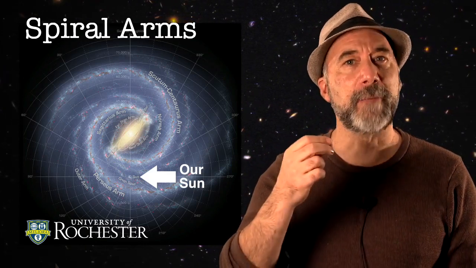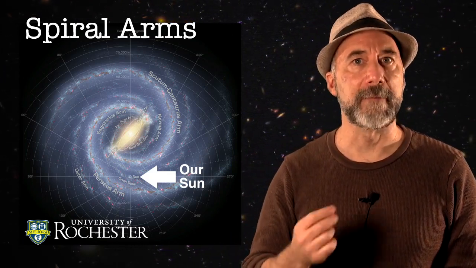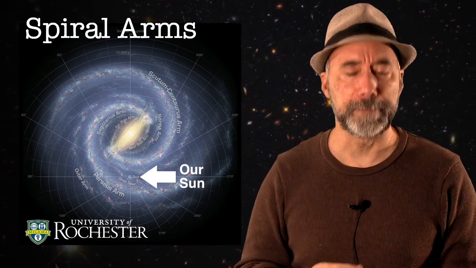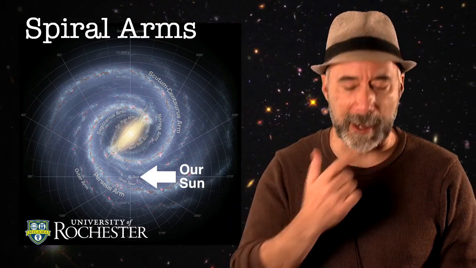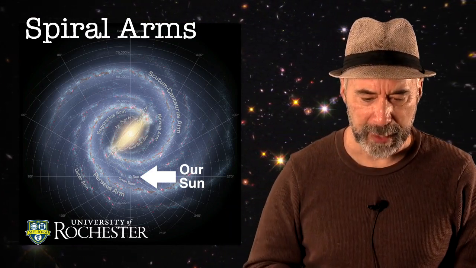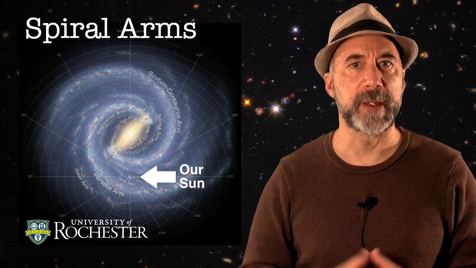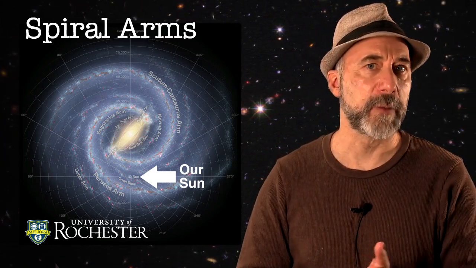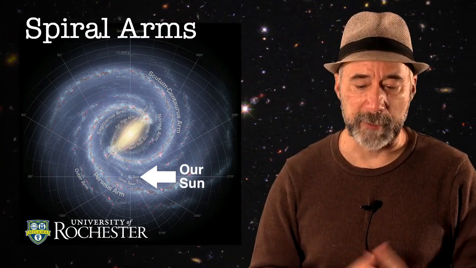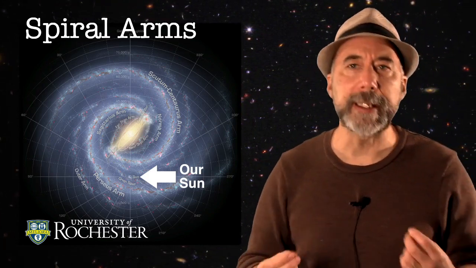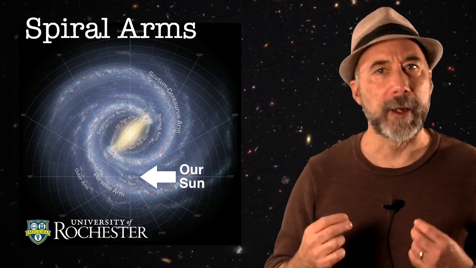So if we map out the locations of O stars and B stars, we see that they actually do exist in a spiral-like pattern. We also see some evidence in different kinds of gas. If we're using radio waves, we can also make measurements of the galaxy, and we see evidence there as well for the existence of spiral arms. So we definitely have some idea that there are spiral arms in our own galaxy.